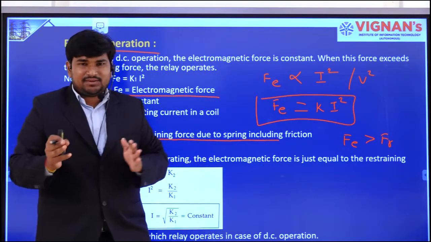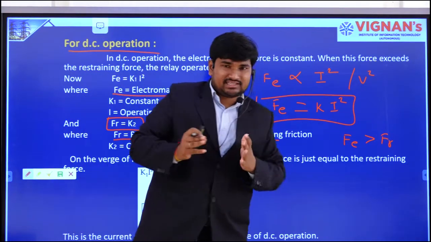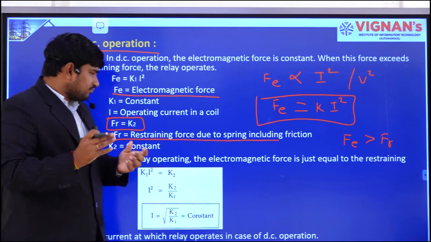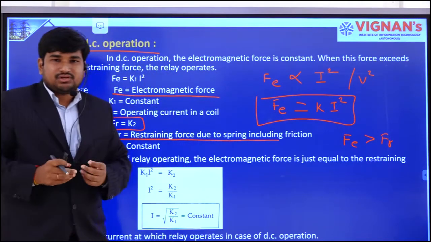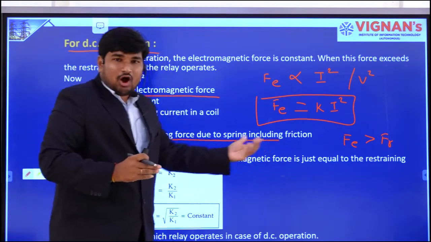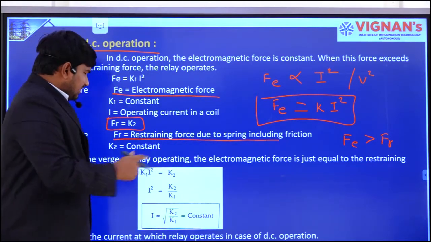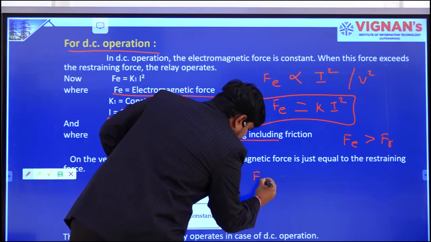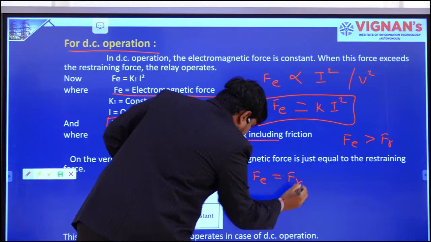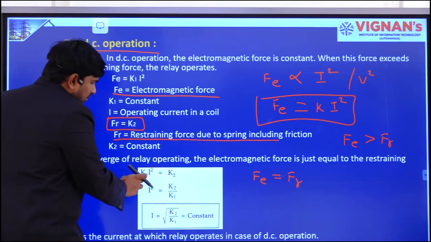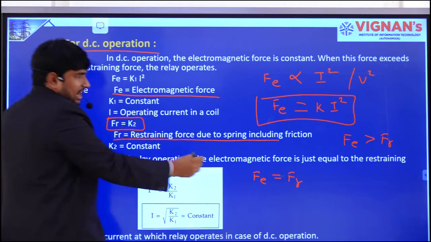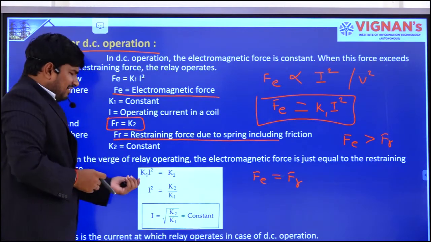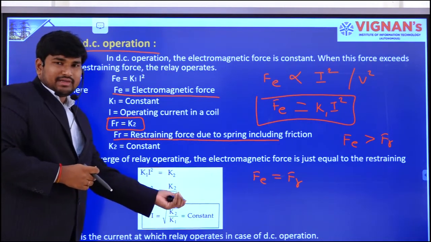Now let us see the nominal condition, that is, the margin of operating force. At the margin, the electromagnetic force is equal to the restraining force. That is K1 into I square, where I denote this constant as K1 and the restraining force constant as K2. So K1 I square is equal to K2.